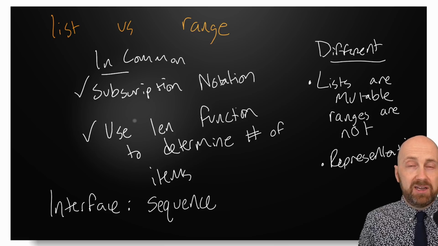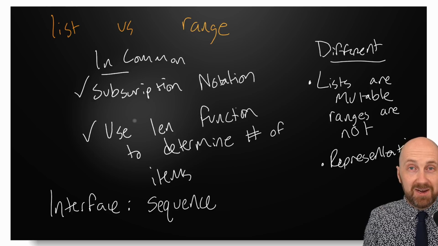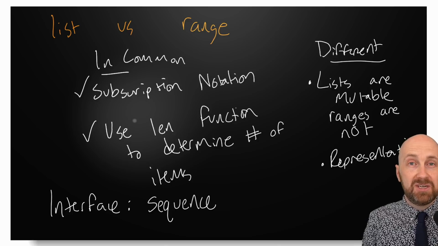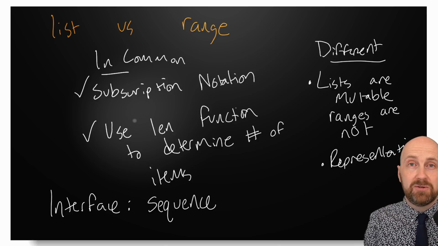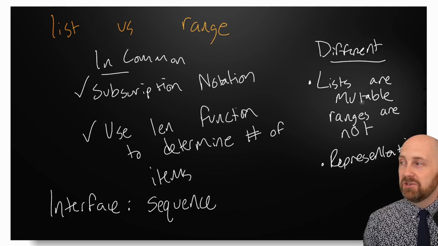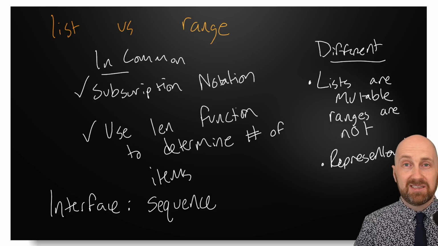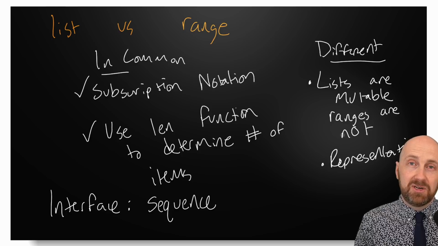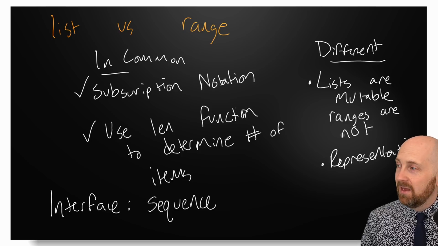Can you think of another kind of sequence that you've interacted with? Strings, that's right. So strings are also sequences. They're sequences of characters. You can use subscription notation. You can ask for the length of a string. But what's different about strings from lists? Well, each item in a list can be of any type, whereas in strings, each item's type is a character.